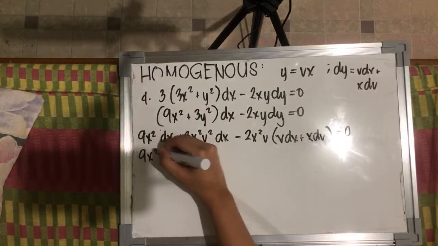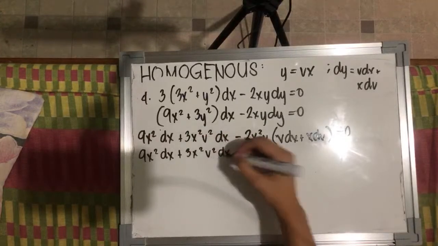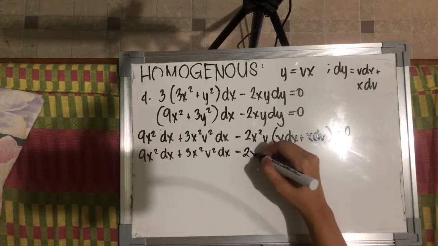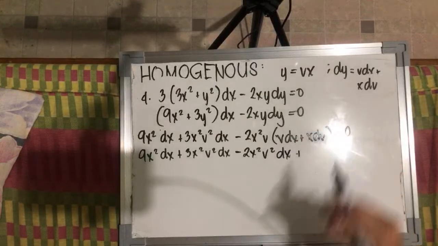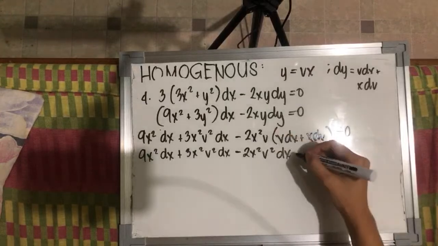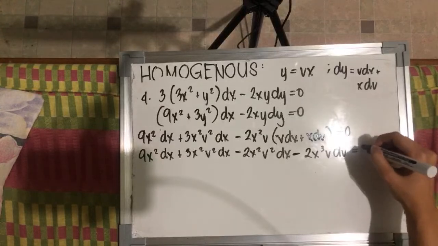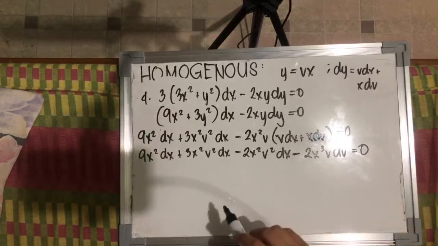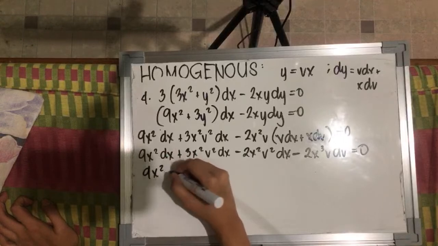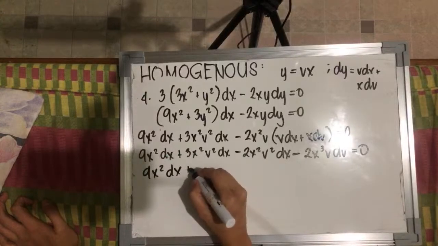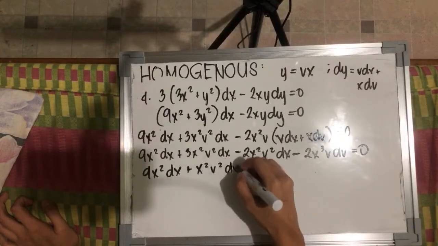So, simplify. Ito magiging minus 2x squared v squared dx plus, minus, kasi negative yun, 2x cubed v dv is equal to 0. So, ito, magiging 9x squared dx plus 3 minus 2, magiging 1. x squared v squared dx na lang.